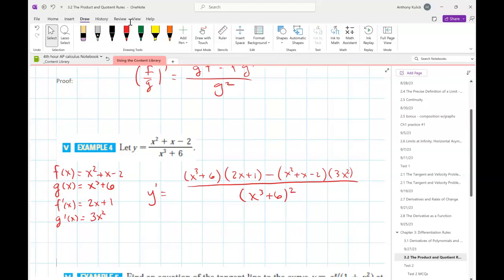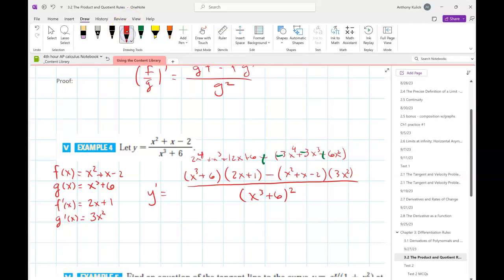The numerator, at least, so that we can combine any like terms. So if I FOILed out the numerator, what am I going to get? I'll have 2x to the 4th plus x cubed plus 12x plus 6 minus 3x to the 4th, 3x cubed, minus 6x squared. And then if we push that negative sign through, we do that, right?